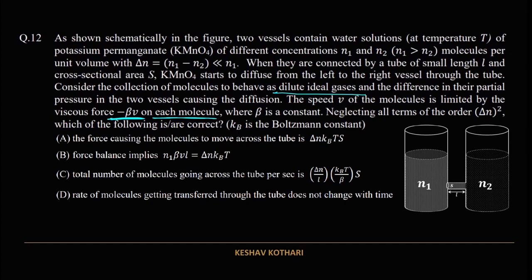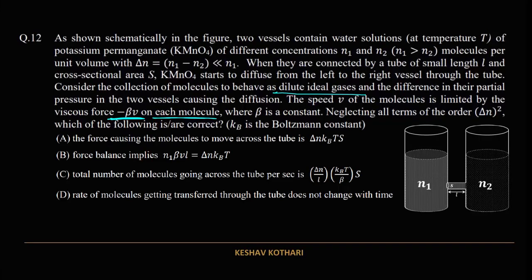So again a very interesting problem. If we consider this diagram, I am just drawing this in a magnified way, where we will be considering that the pressure on this side is equal to P1 and the pressure on the other side is equal to P2. The cross sectional area is S, that is already given to us.